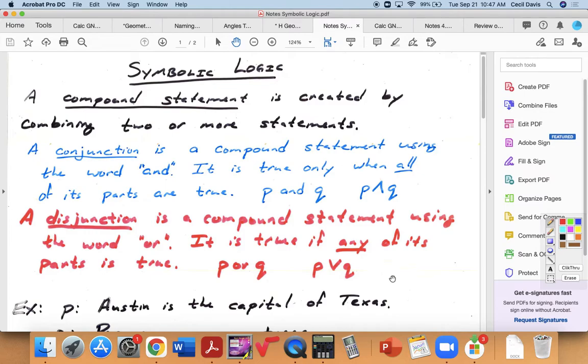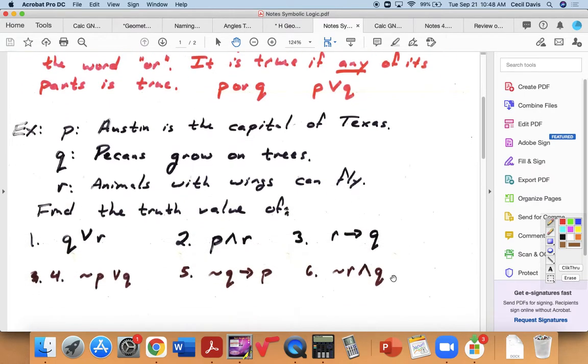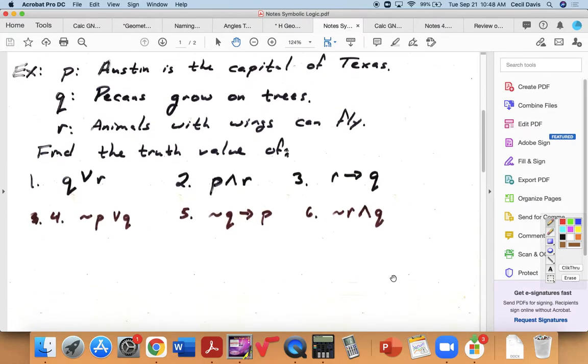There's also one called an exclusive or, where it can only be one of them, either this one or this one, but not both. We're not going to do that. We're just doing this one or this one, either one, or it could be both.